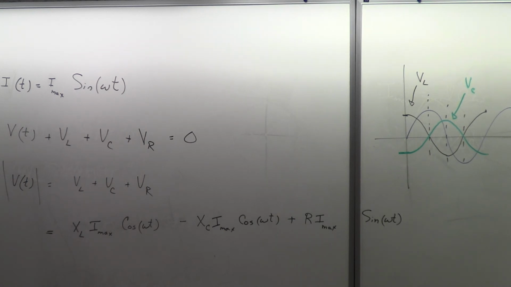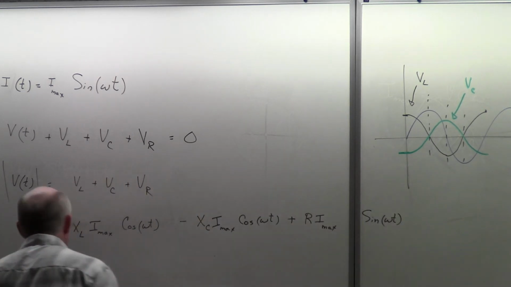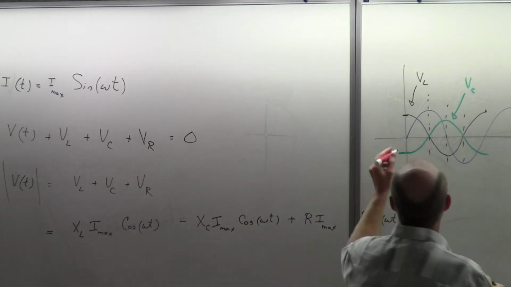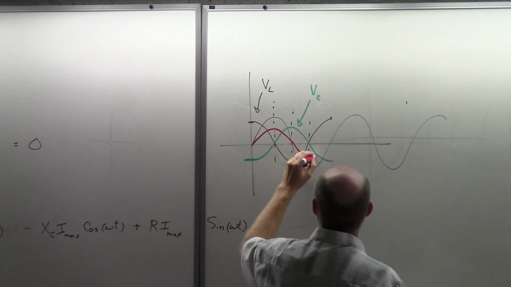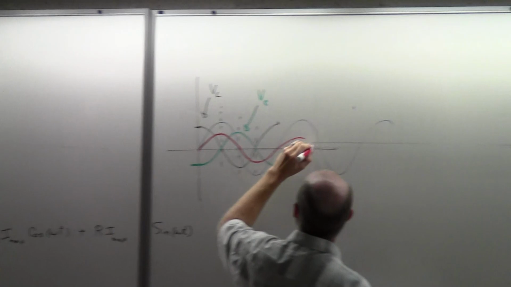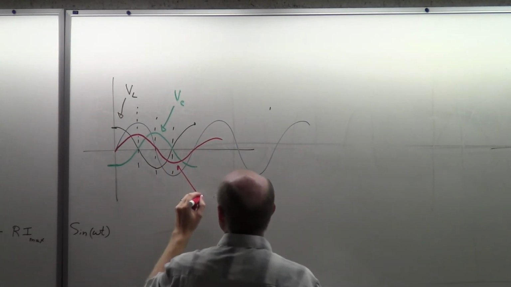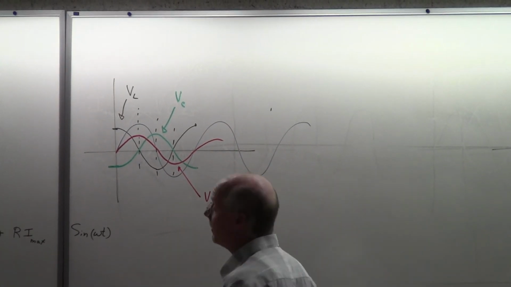Okay. In this picture, it would look like, and I'll put that one in red, this. And so here's the voltage from the resistor.